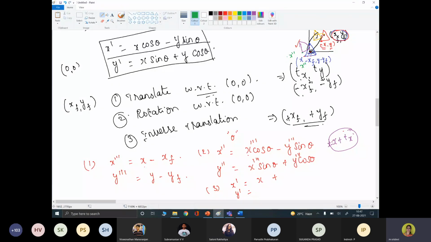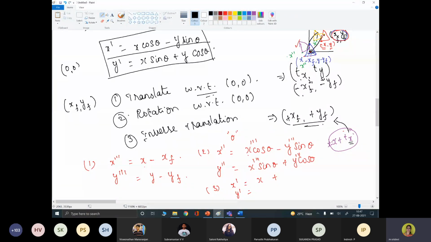Now after translation you are getting x dash. This is your final output of rotation. So what is your x dash now? x dash equals x plus the translation factor. What is the translation factor? We already know that the translation factor is xf and yf. So instead of x, we are going to add xf.